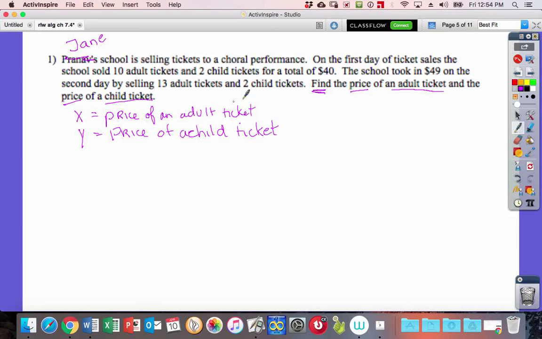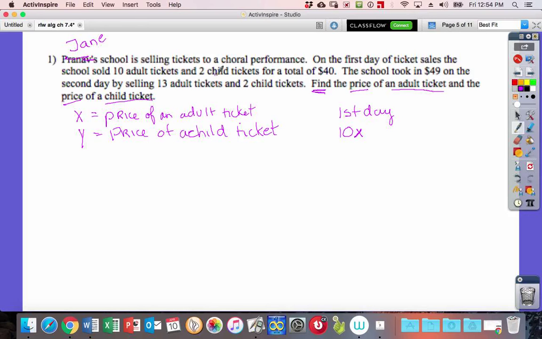So I'm going to go back up here, and it says that on the first day, they got ticket sales, and they sold 10 of the adult tickets. Now, I said the adult tickets were x. So if I sold 10 of them and I multiplied it times the price, there we go.